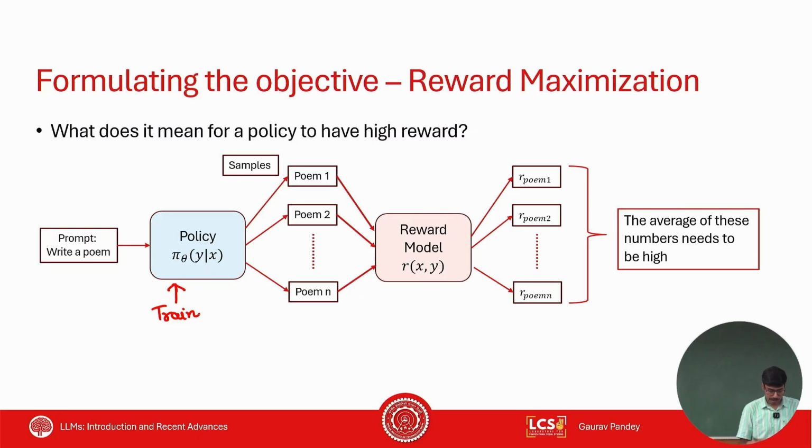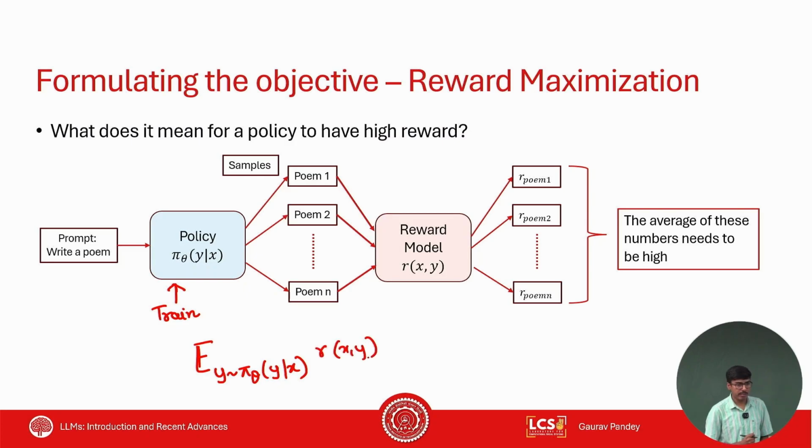And we want to train it in such a way that if I sample a bunch of outputs from the policy and compute the expected reward. This is the expected reward, right?